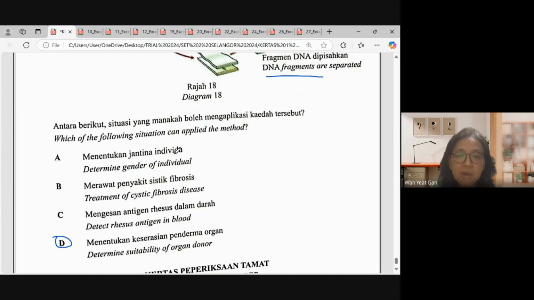They are not used to determine the gender, neither is it to treat cystic fibrosis. For cystic fibrosis, we use gene therapy, and it does not detect rhesus antigen. So the answer is D.